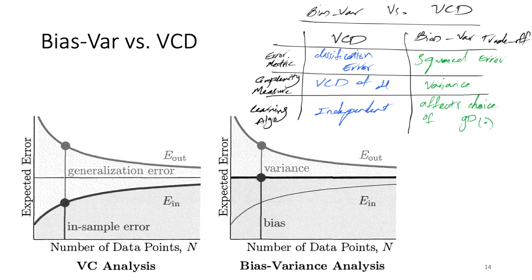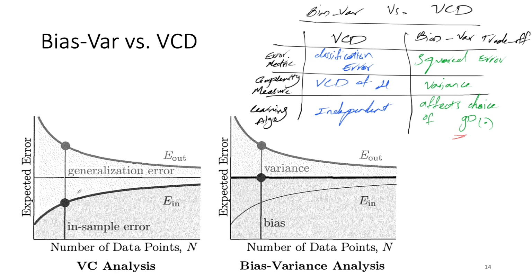The complexity measure that bias-variance uses is variance. Learning algorithm for VC dimension is going to be independent. However, in the case of bias-variance trade-off, the learning algorithm affects the choice of your candidate function. So these are the major differences.